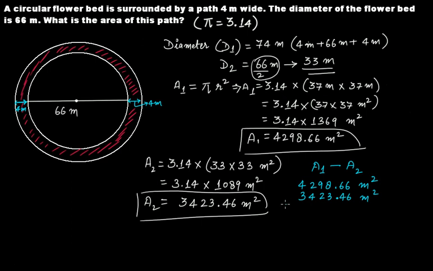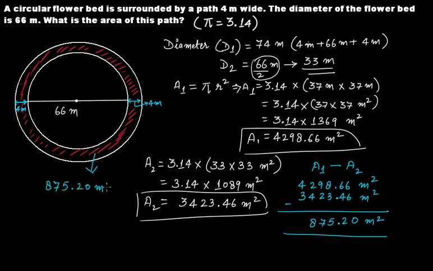If you subtract this, you get 875.20 meters square. So the area of this shaded region is 875.20 meter square, right? This is the way.